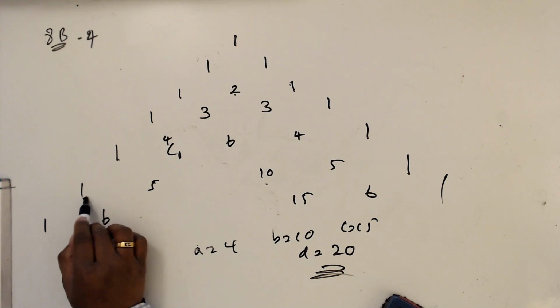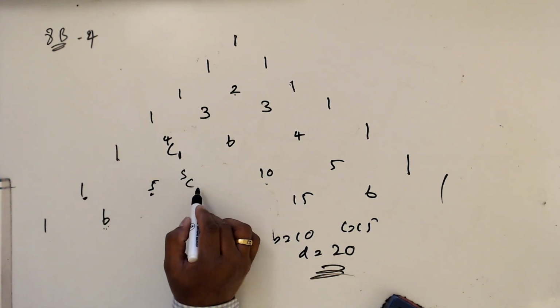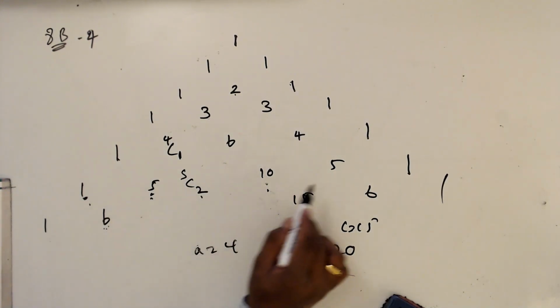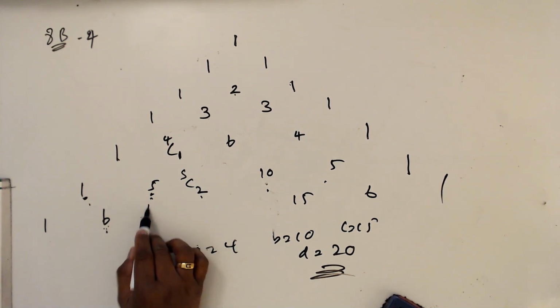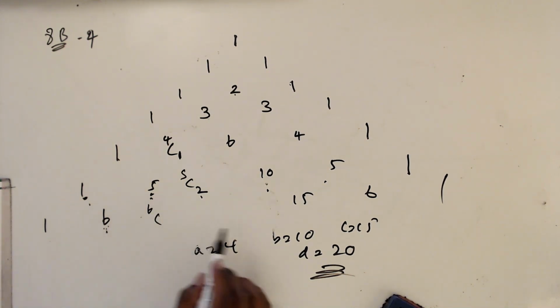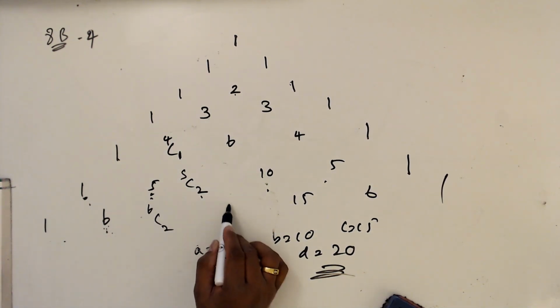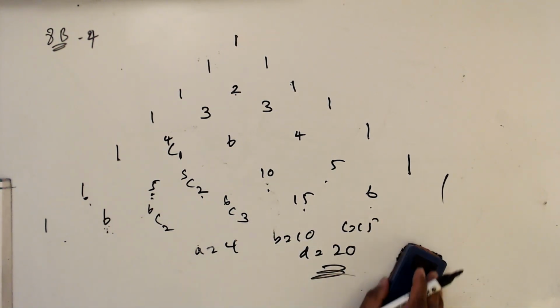This is first 0, 1, and this is 5C2. 0, 1, 2, 3, 4, 5. And this is 6C0, 1, 2, and this is 6C3, 4, 5, 6.